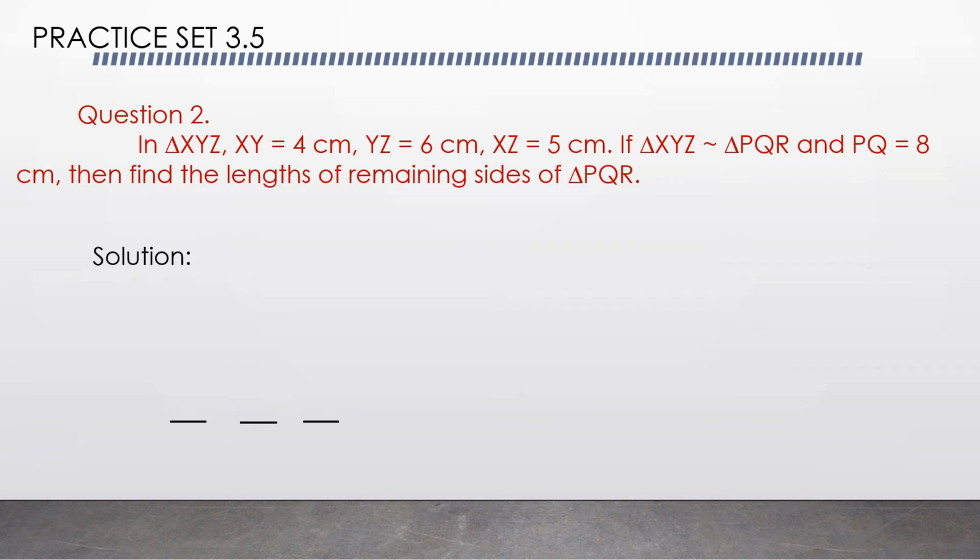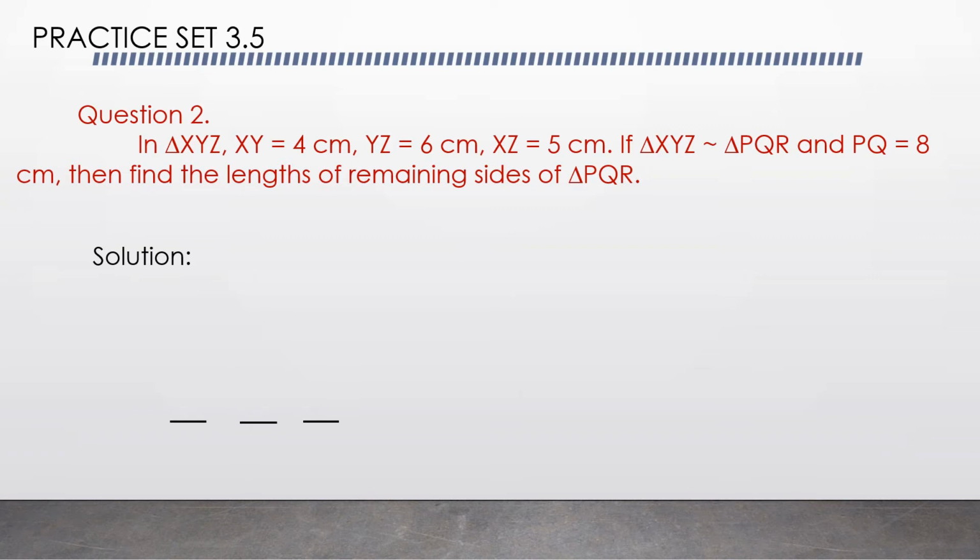In this question, triangle XYZ is similar to triangle PQR is given and three sides of triangle XYZ are also given. And in triangle PQR, PQ is equal to 8 cm. We have to find the length of the remaining sides of triangle PQR.